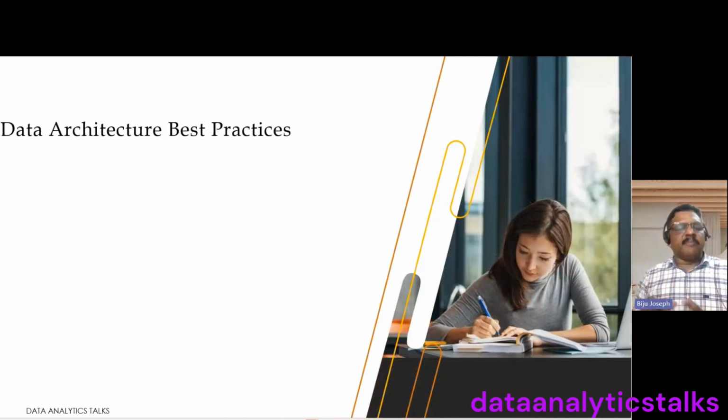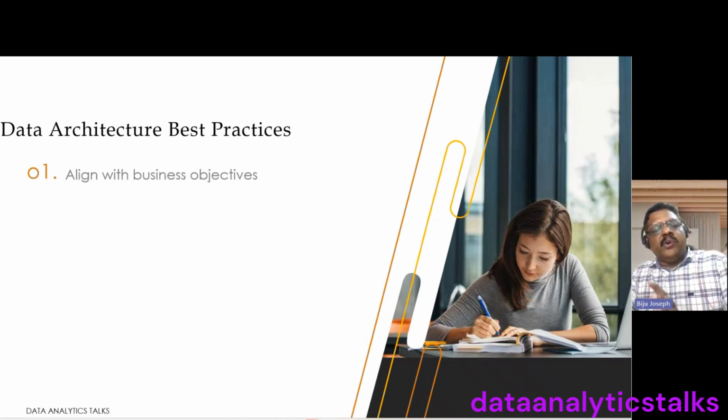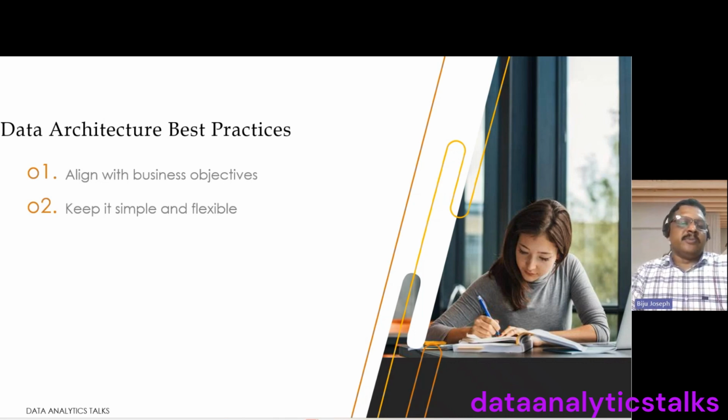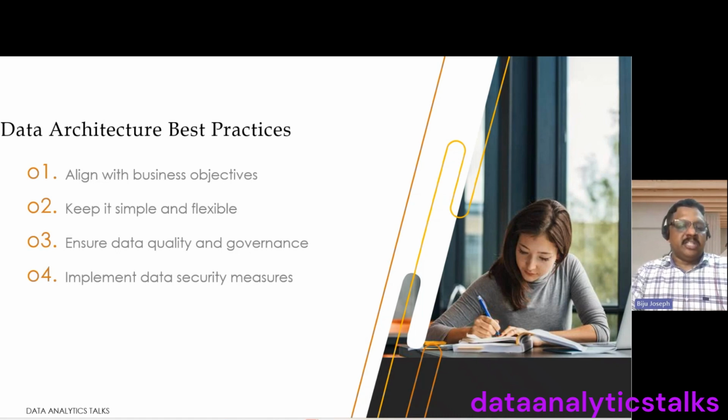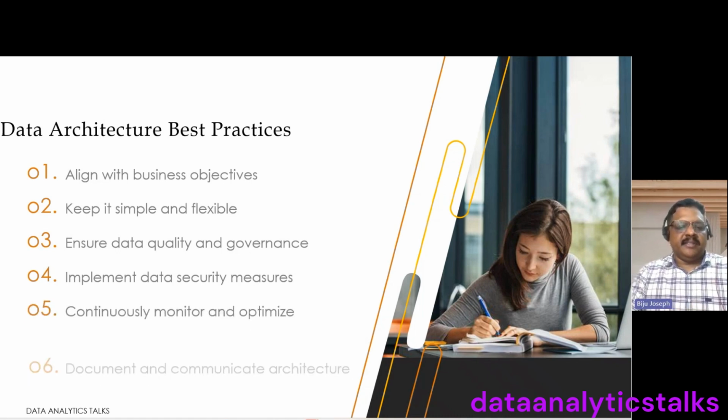It's also good to know some of the best practices of data architecture. Always align yourself with your business objectives. The architecture should always align with the business objectives. Keep it simple and flexible. Ensure data quality and governance. Implement data security measures. Continuously monitor and optimize.